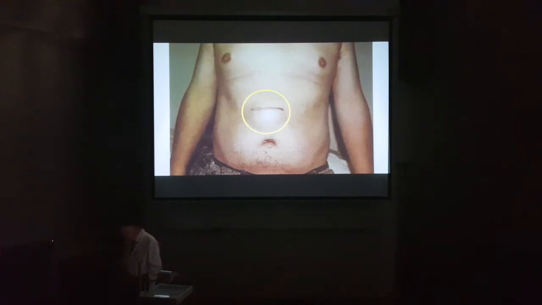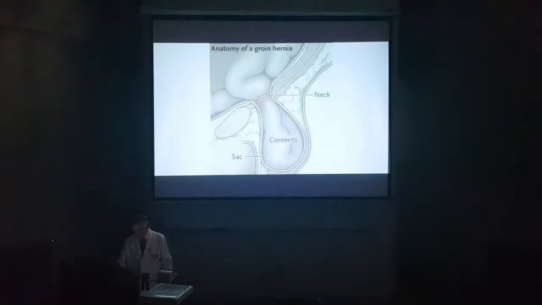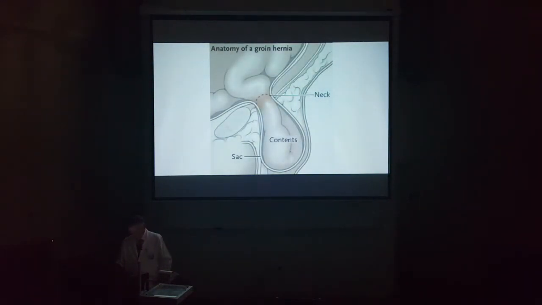When hernias are repaired, sometimes the repair is successful, sometimes it is not. So it recurs, comes back again. And then the second time it's going to be more difficult. This is what we describe in every hernia.